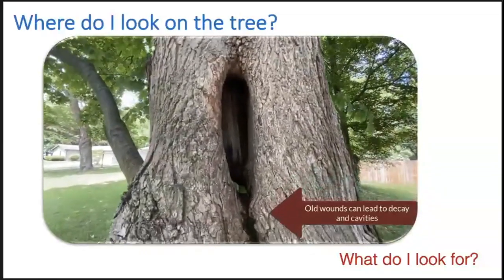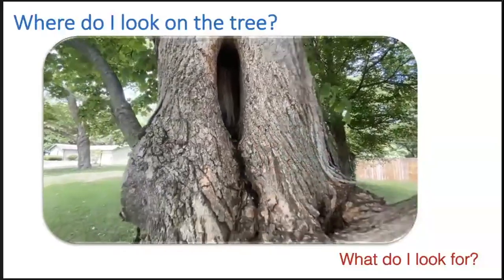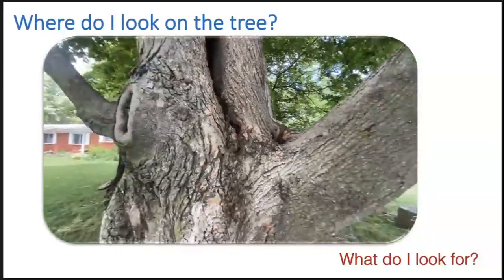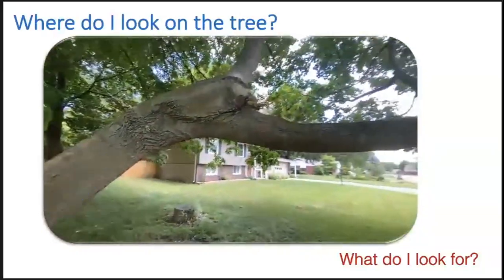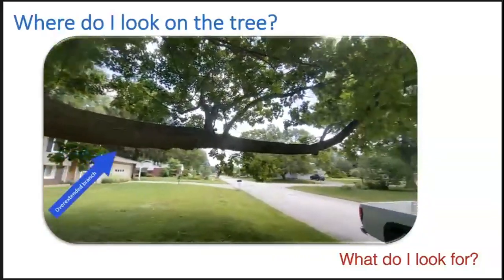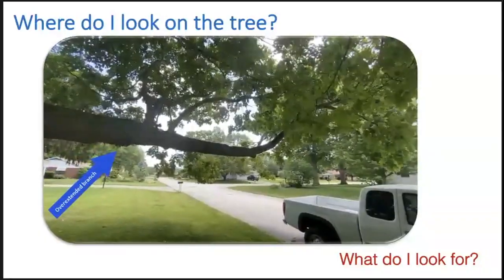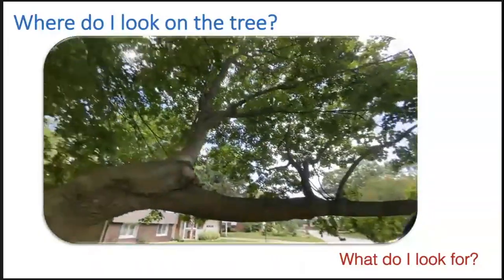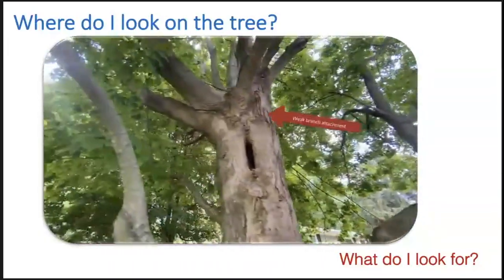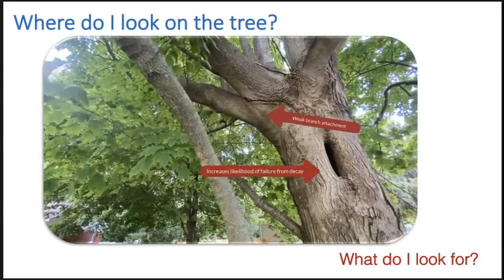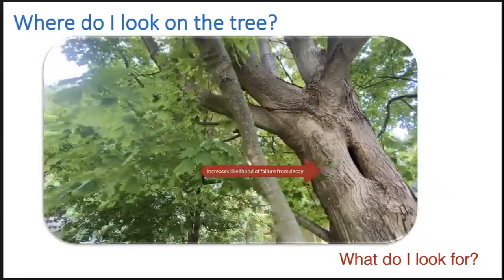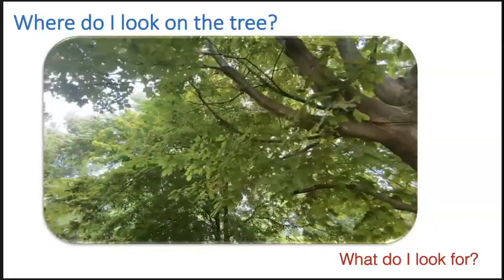You know, these old wounds, it looks like where an old limb has come out of there. It's trying to heal and recover from that. But again, there are problems occurring inside. Overextended branches can create a problem, especially if there's excessive weight or dynamic forces such as wind loading that cause a tree to break. Another weak branch attachment, you can actually see where that's cracked as well.